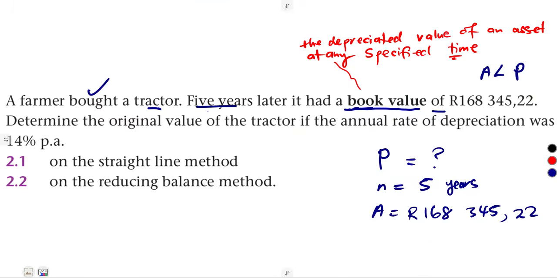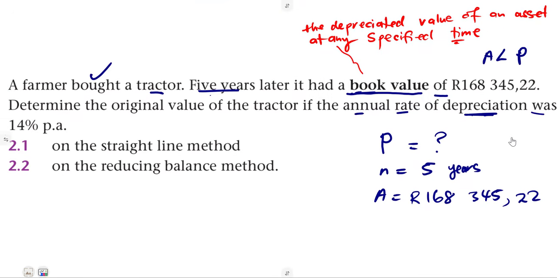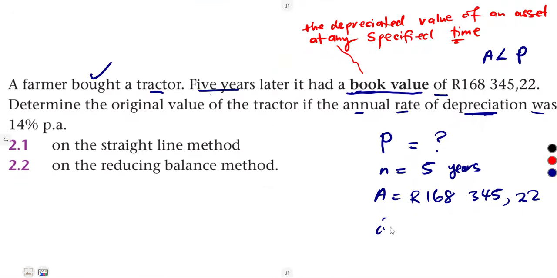Take note. So the question is to determine the original value, which we are not given, of the tractor if the annual rate of depreciation was 14% per annum. So that is divided by 100, remember, so that's going to be 0.14. That is what we had per annum.